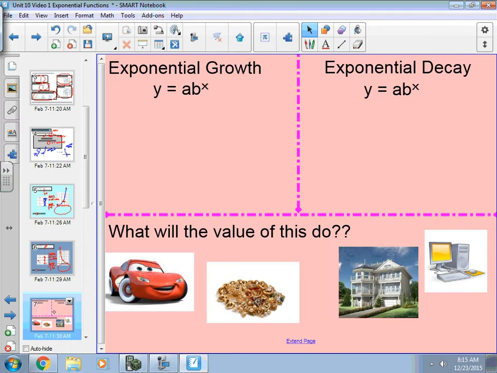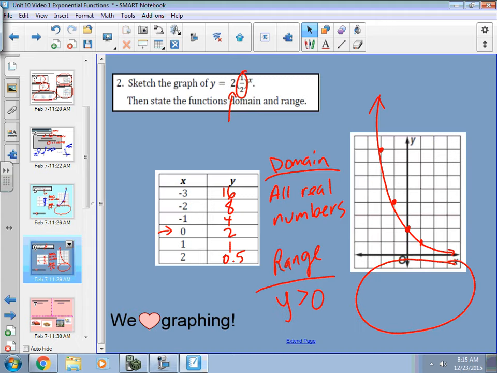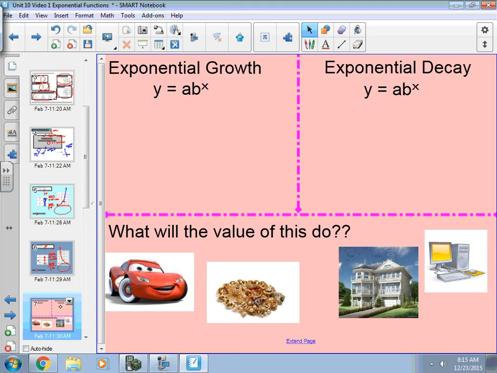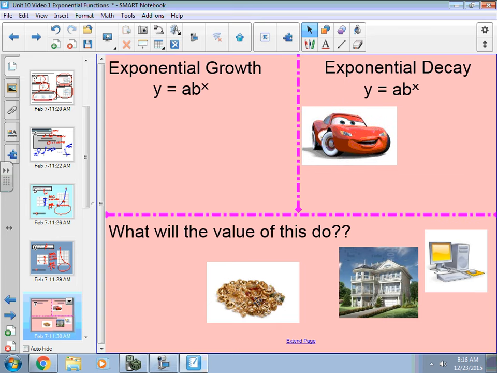All right, so we should know the difference between exponential growth, where your graph's increasing as you move to the right, and exponential decay, like this last one, where it's decreasing to the right. So some word problems you're going to get into might ask you some stuff. So you should know the difference of what things do. If you have a car, generally over time, cars are going to decline in value. Now there's some exceptions. If you have some classic car that you might restore, then yeah, maybe the value increases.